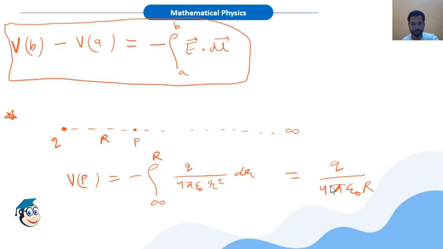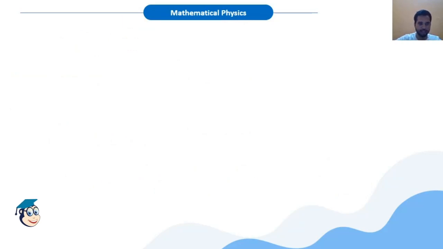Okay. So here I will show you some superposition principle, as we have seen in the electric field case as well. So here the superposition principle says, let's say you have charge q1 and you wish to calculate potential at point P, which is at position r1.